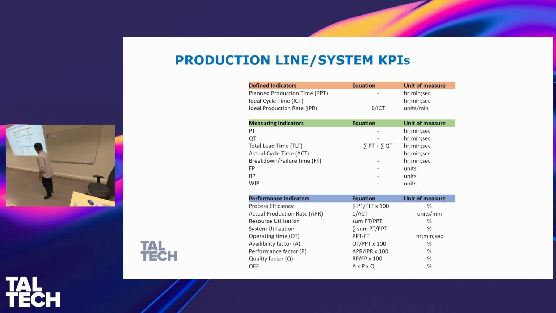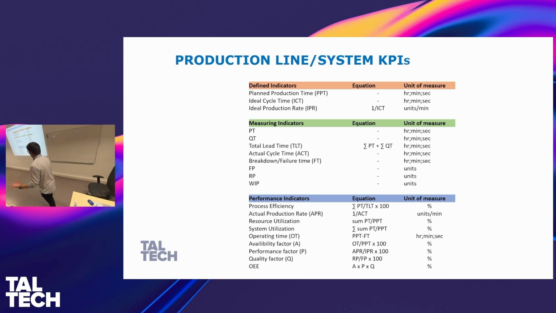And one of them is this OEE. If I would like to have, let's say, the overall equipment effectiveness of my production line, or the production cell, then I should have such kinds of parameters measured. Overall equipment effectiveness consists of availability, performance, and quality.